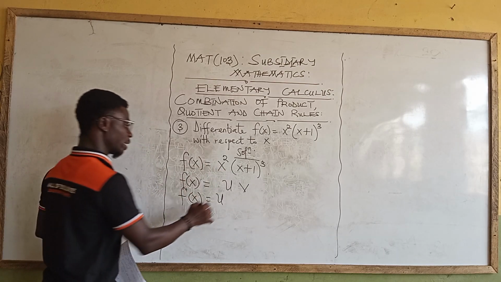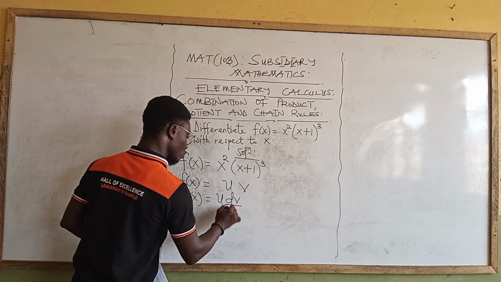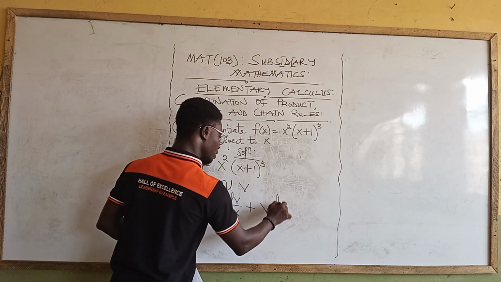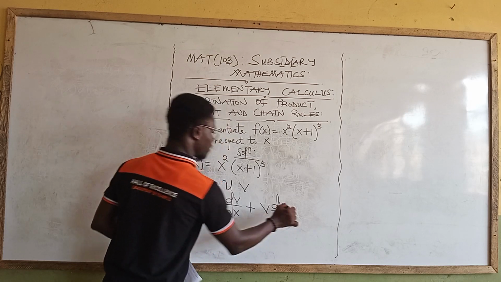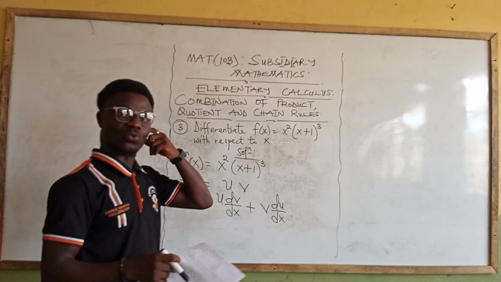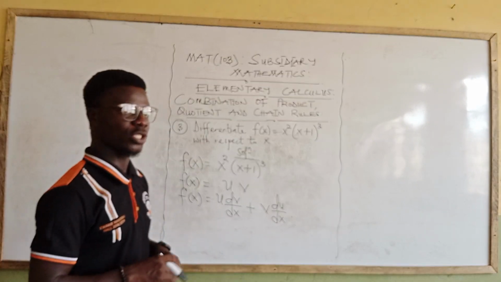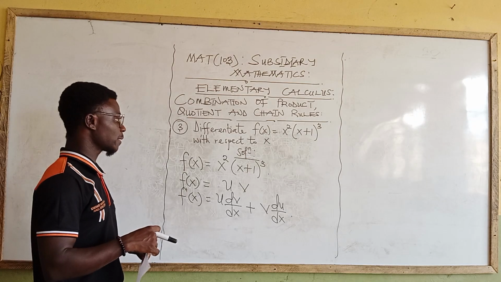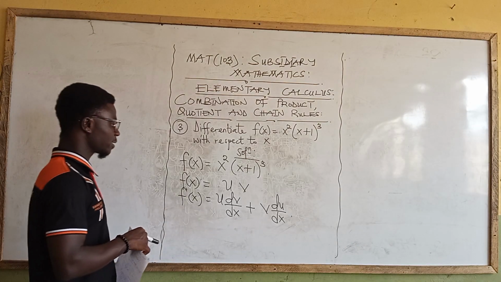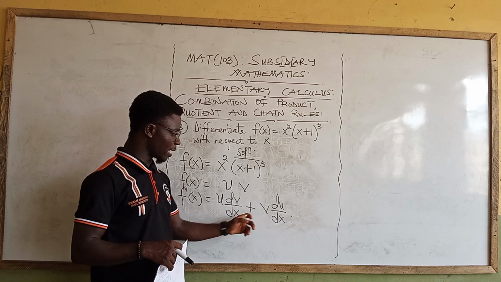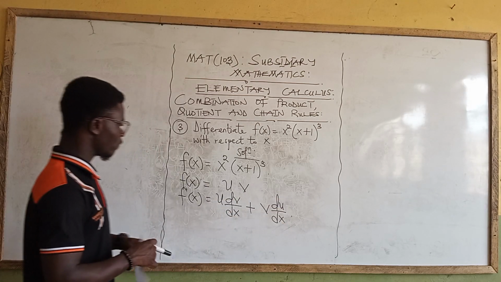You hold u constant and you differentiate v with respect to x, plus you hold v constant and you differentiate u with respect to x. In our second example, we can also use the quotient rule to do that, right? So don't worry, you can also use the quotient rule. So now here we have this: f prime of x equals u times dv over dx plus v times du over dx.